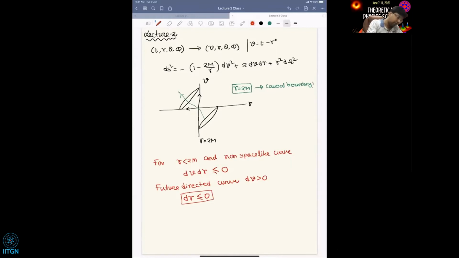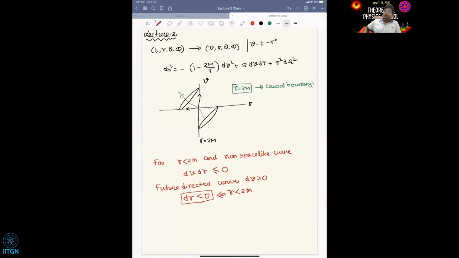So let's think of r not equal to 2m, r less than 2m. In that case the equality sign does not hold, which means that I cannot decrease r. Sorry, I can only decrease r once I'm inside the r equal to 2m surface.